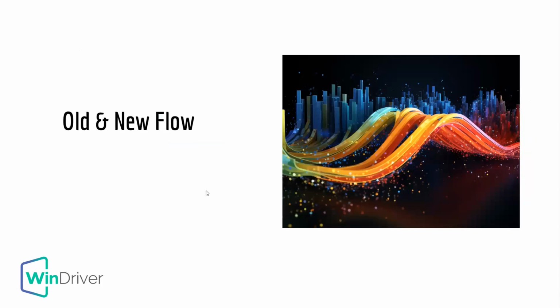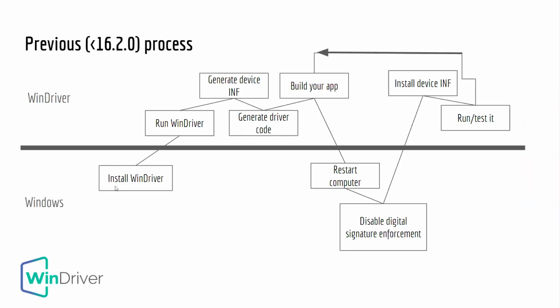So after we discussed the mechanism, let's see the old and new flow. In the old flow, as we all know, we created a project, we had our INFs, and we started to build our app, and then we encountered difficulties. We had a crash, we had a hang, we needed to restart the computer, and then to disable the digital signature enforcement.